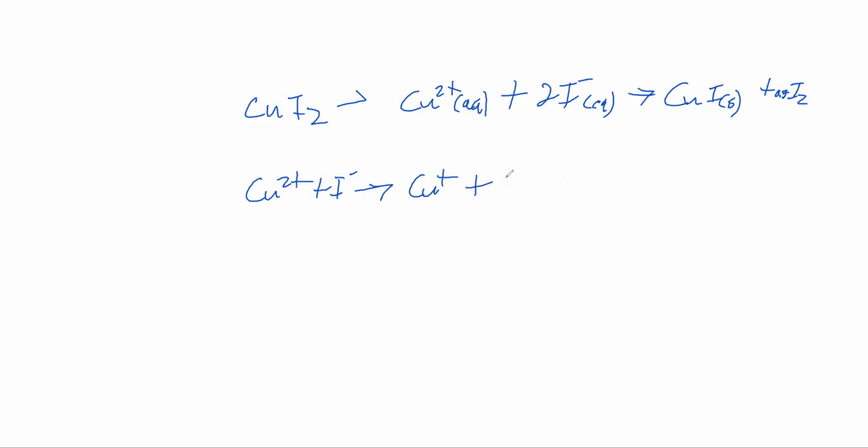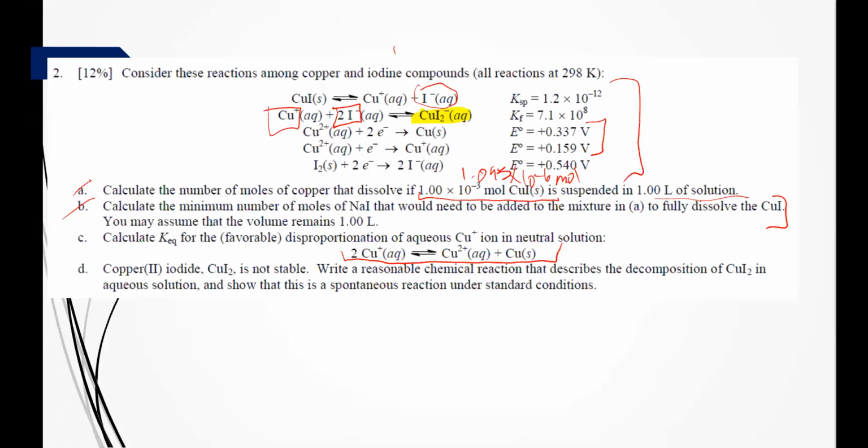I guess we should balance that. And then on the other side, and so this is going to be our redox. And so I kind of got this equation by looking at these three down here, right?